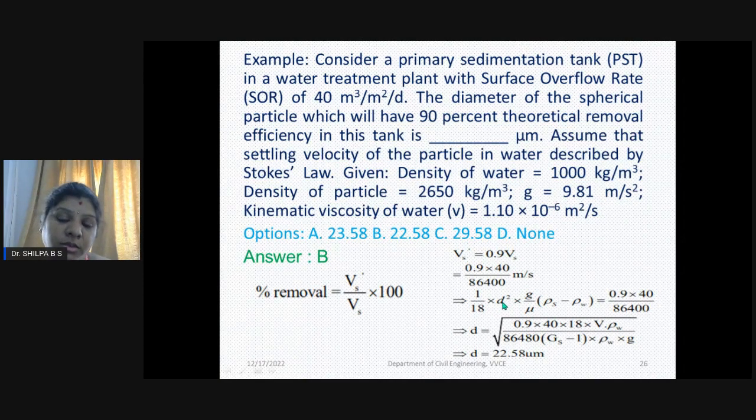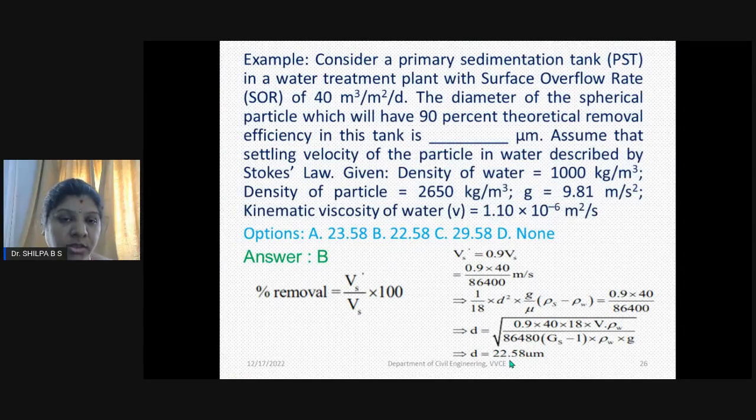We don't know this value, so it is square root of 0.9 into 40 into 18 into mu into rho w, then divided by 86,400 into Gs minus 1 into rho w into g. Okay, when we simplify this, we will get the value of the diameter as 22.58.